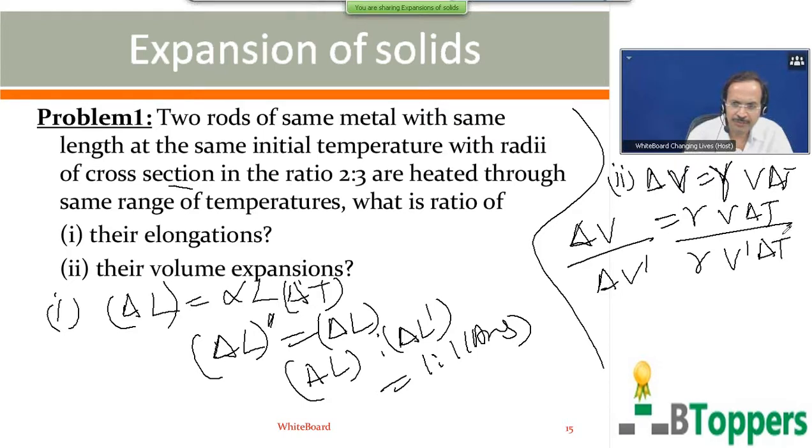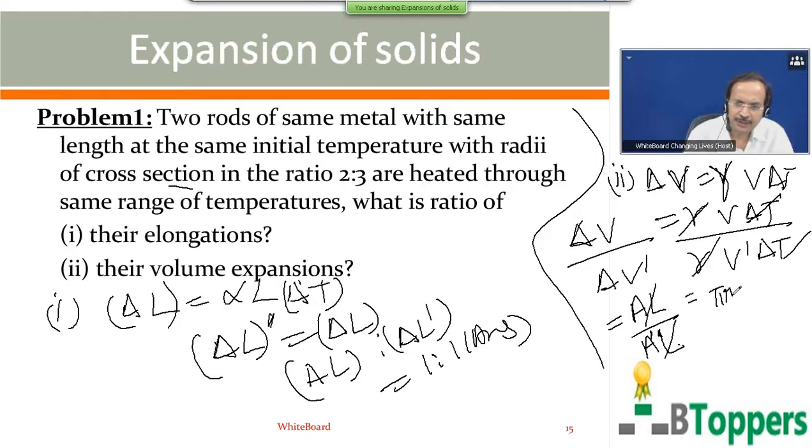They are heated to the same range of temperatures, so delta T is also the same. Just as explained now here, the ratio of the increase in the volume of the first rod to the increase in the volume of the second rod is equal to the ratio of the original area of cross section of the first rod to the original area of cross section of the second rod, because the length L of each rod is the same.